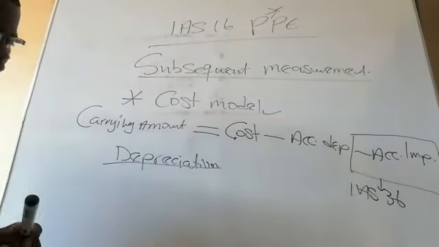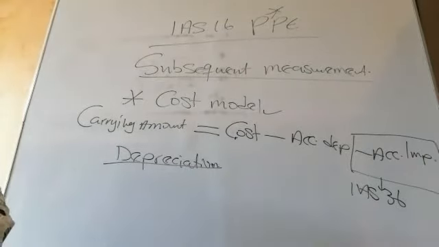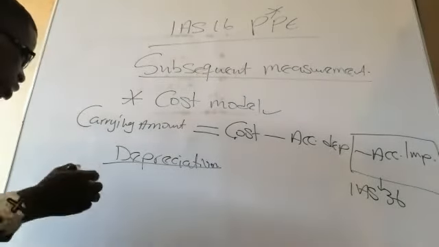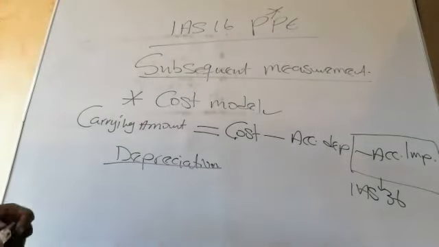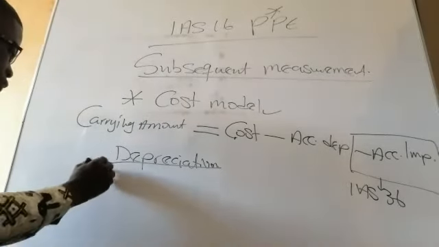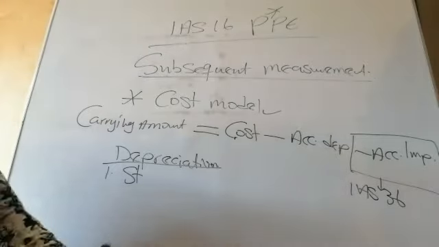Now we have 5 methods of charging depreciation, and you should be aware of all 5. Basically, 3 of them are common. First, the straight line method.